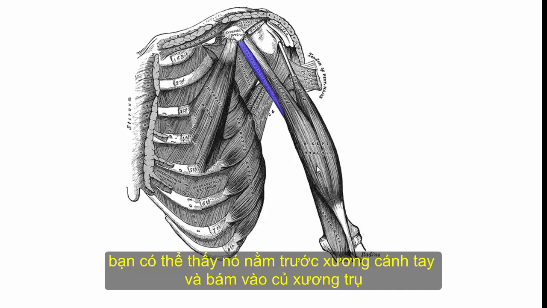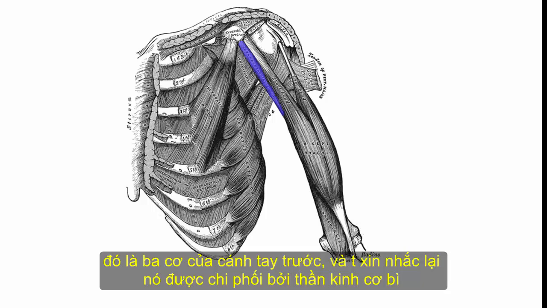It lies anteriorly on the humerus, and it inserts onto the ulnar tuberosity. Those are the three muscles of the anterior compartment: the biceps brachii, the coracobrachialis, and the brachialis. The brachialis is innervated by the musculocutaneous nerve, and it's a flexor of the forearm at the elbow joint, the same action as the biceps brachii at the forearm.